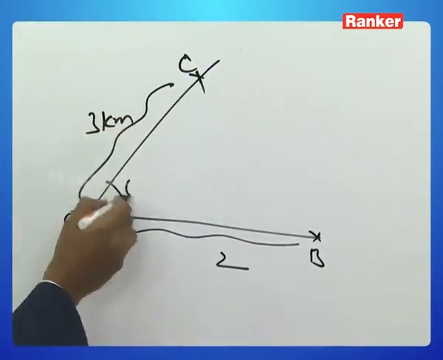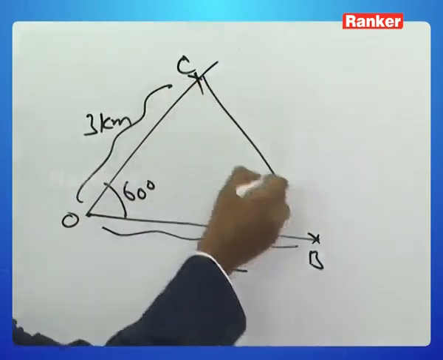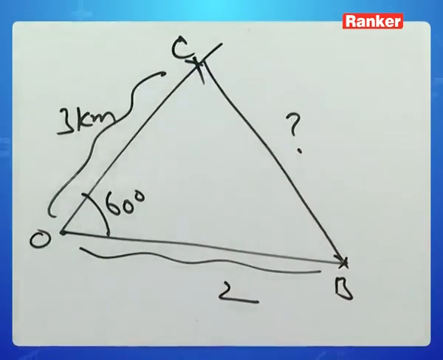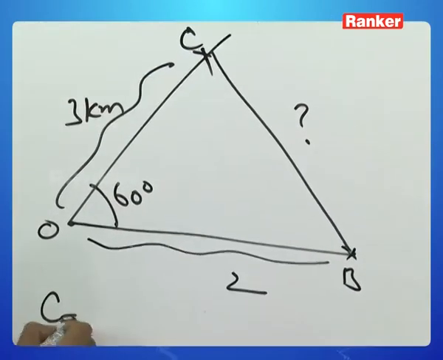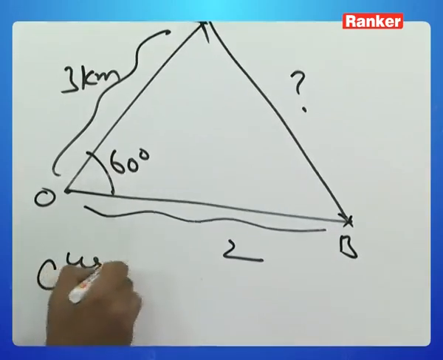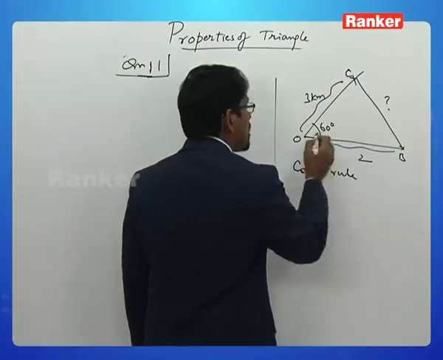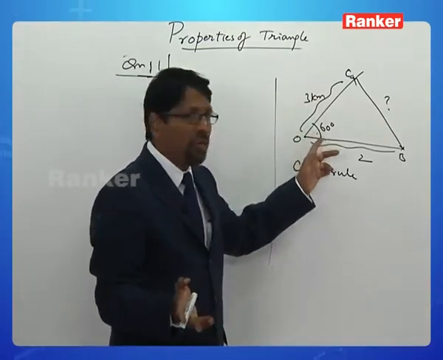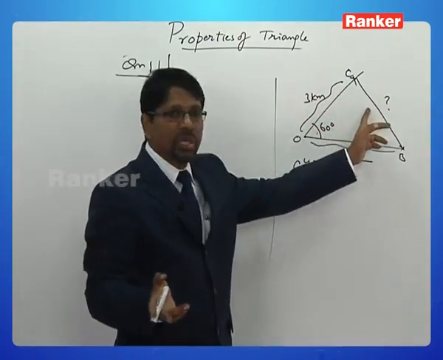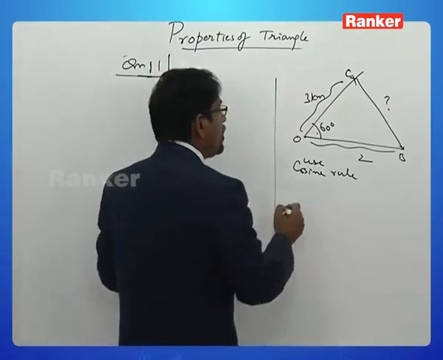This angle is given to be 60 degrees. Now what he is asking is BC. This is what is asked. So clearly cosine rule can be applied. Since we know this angle and we know the arms of that angle, we can find the side opposite to that angle. So cosine rule, what is that?